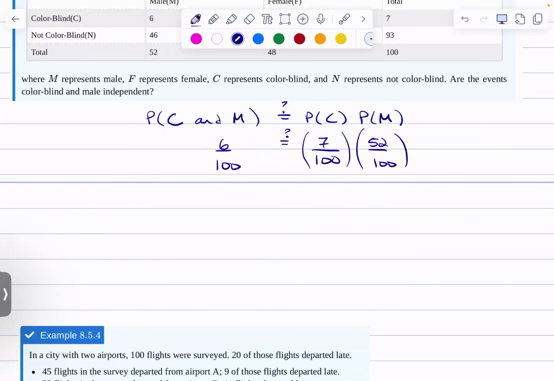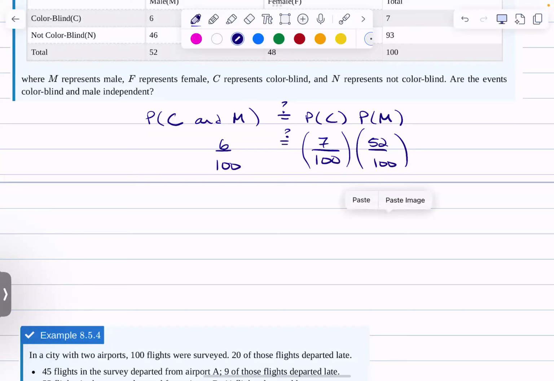You'll want to use your calculator for this, probably, unless you're a show-off, which is fine. Let's see here, 7 divided by 100, use your brackets, times 52 divided by 100.